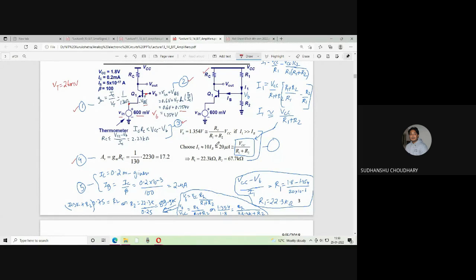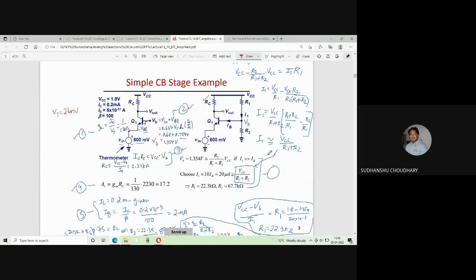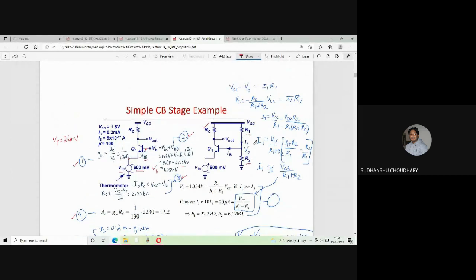Now we can come back to this circuit, where we have used R1 and R2 as a voltage divider. Here one can again write some equations. VCC minus VB is equal to I1 times R1, since I1 is moving in this loop through R1.